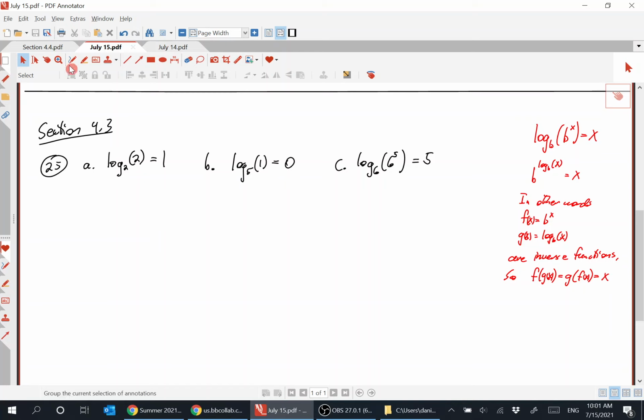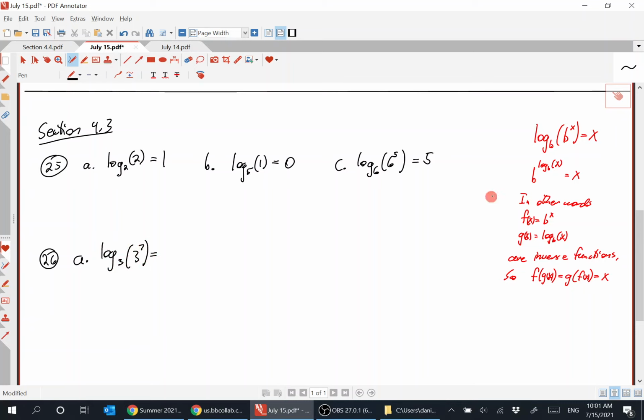26. So part A is log base 3 of 3 to the 7th. Well, in the same fashion that this is 5, this one is 7. Part B, the log base 4 of 64. 4 to which exponent is equal to 64? 64 is actually 4 to the third power. 4 times 4 times 4 is 64.